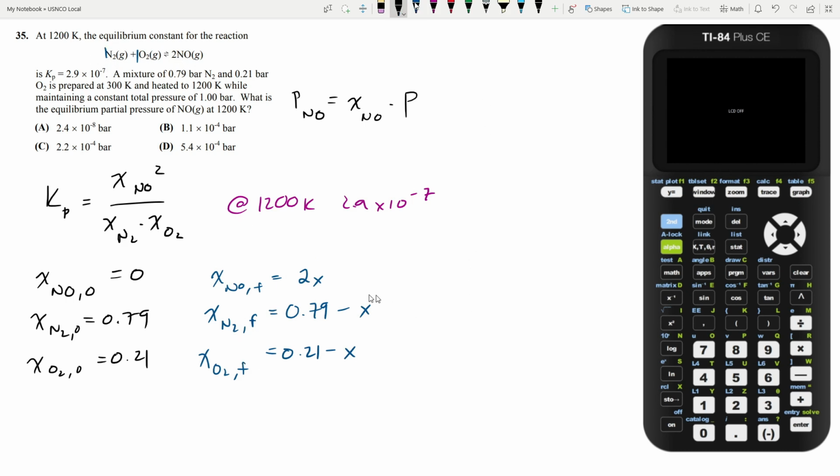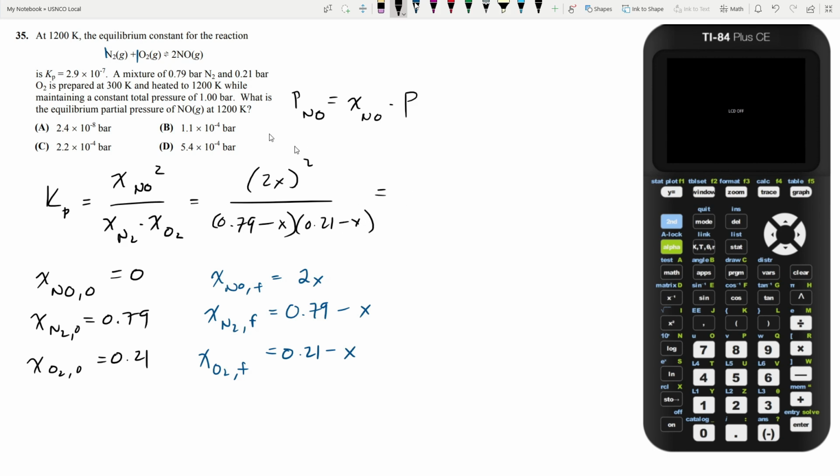This is pretty helpful because now you can plug this into your original Kp formula. So if I erase this and I start filling these in, for NO we know the final is going to be 2x squared. This term we found is 0.79 minus x, and this term is 0.21 minus x.